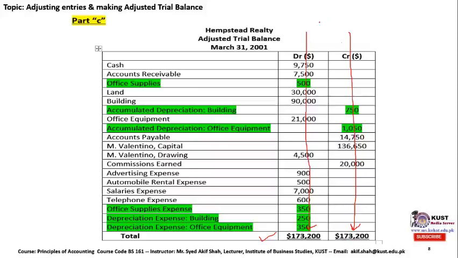So if both sides are equal, it means that you have correctly incorporated your adjusting entries into the next step of the accounting cycle and have nicely constructed your adjusted trial balance. There is no mistake at all.